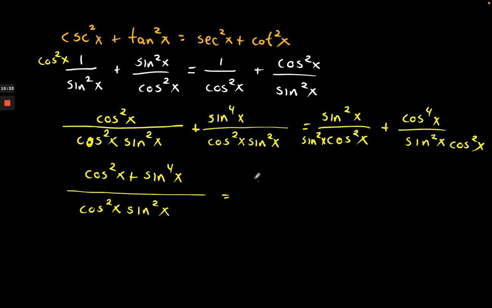So we have sine squared x plus cosine to the fourth x over sine squared x cosine squared x. You see how we're kind of going down a rabbit hole here? This is not pretty at all. All right, so what's our problem now? Looks to me like, did I make a mistake somewhere?